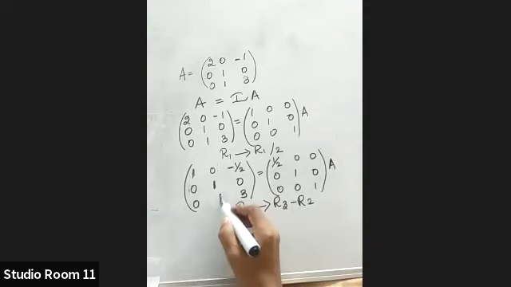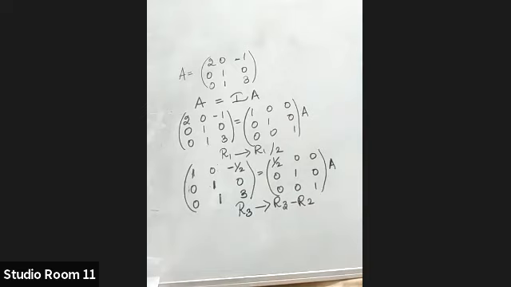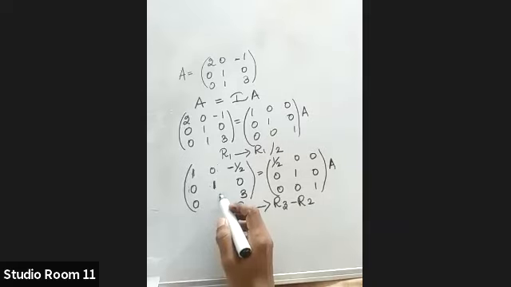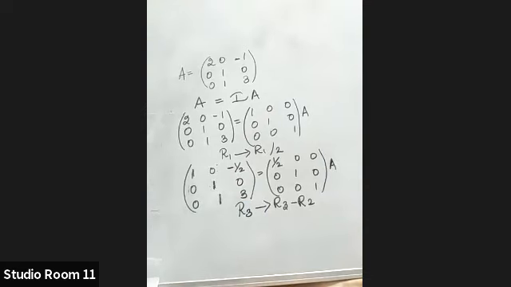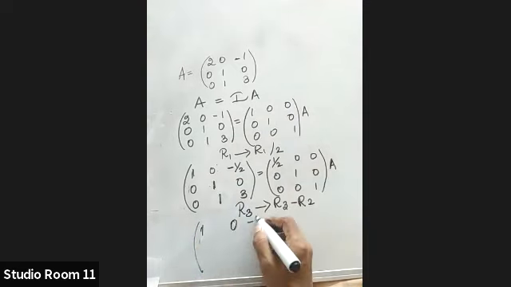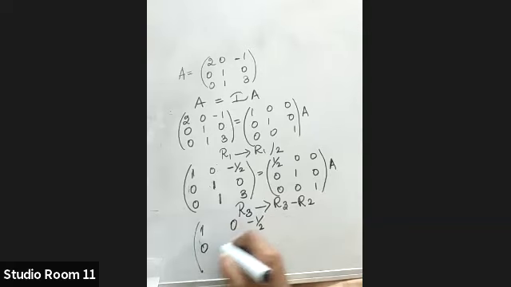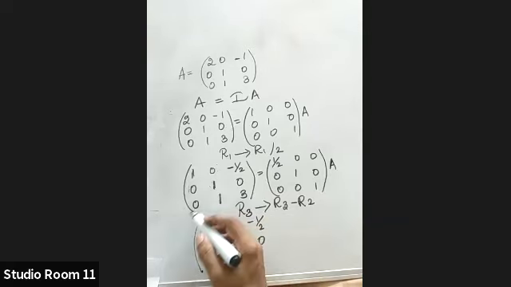Here it is 1. 1 minus 1, will it become 0? Is it correct, children? Yes. Here I want to make 0. Here it is 1, so if we subtract it, 1 minus 1, it will become 0. So first row, no change, 1, 0, minus half. Second row, no change. What about third row?